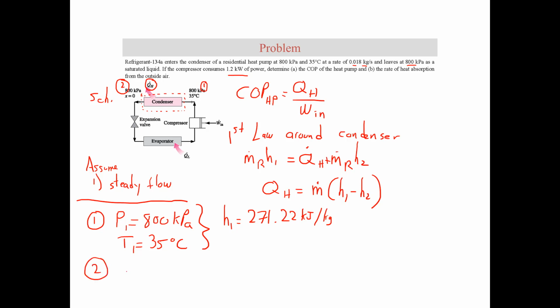State 2, the pressure coming out is still 800 kilopascals as indicated at the outlet of the condenser, and it's telling me the quality is 0, right? That means that it's a saturated liquid. I can use EES to figure out that my enthalpy exiting is 95.47 kilojoules per kilogram.